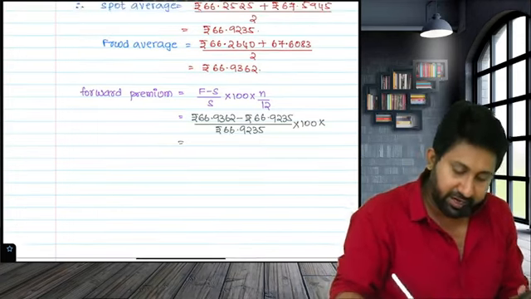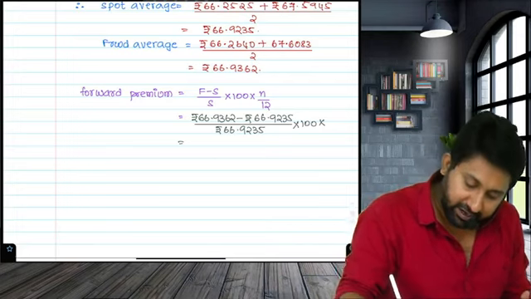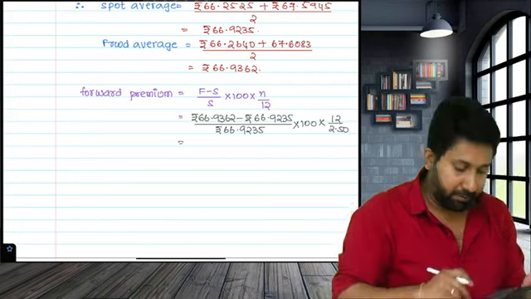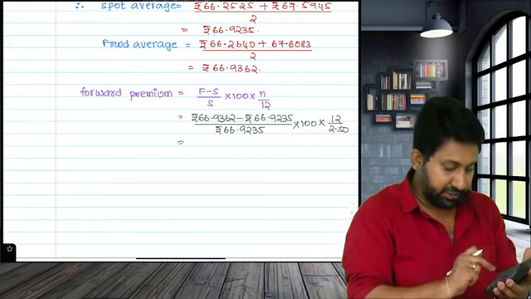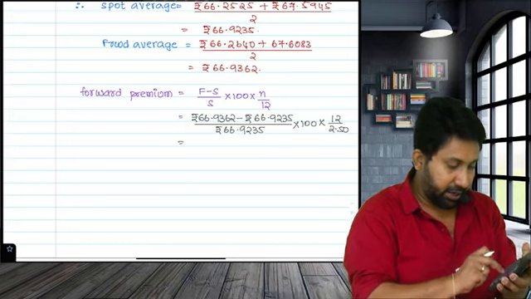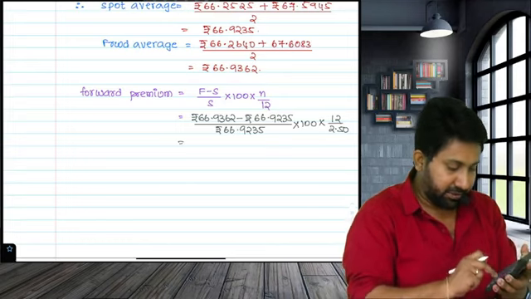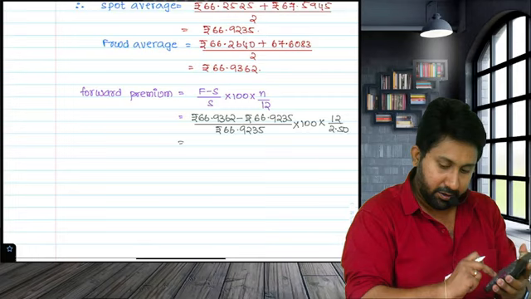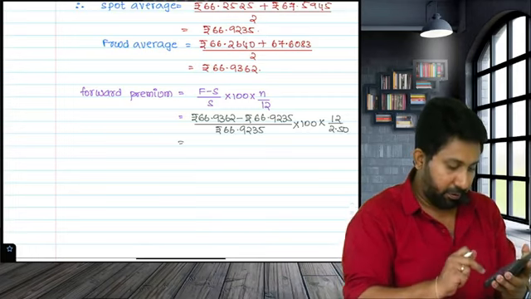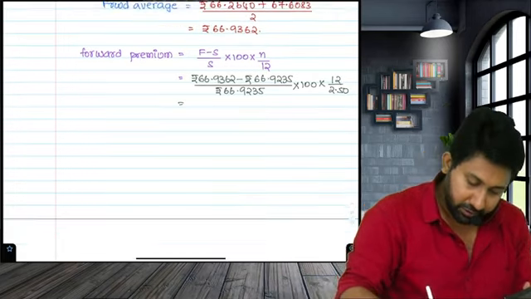So instead of writing N by 12, we will write 12 divided by 2.5. I'm very sorry. 66.9362 minus 66.9235 whole divided by 66.9235 into 100 into 12 divided by 2.5. How much?